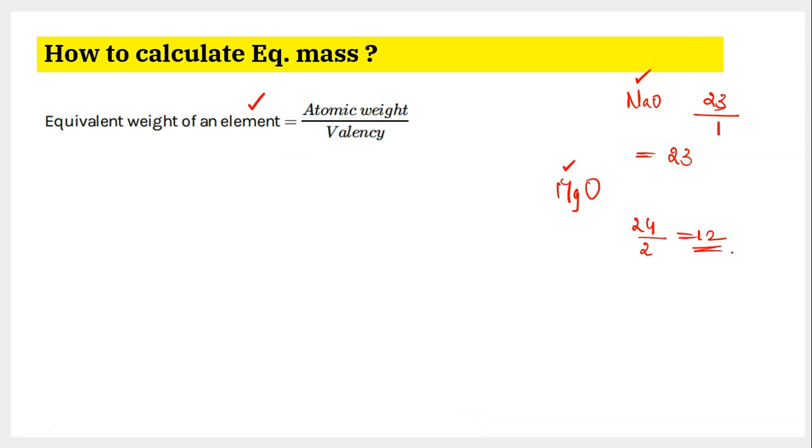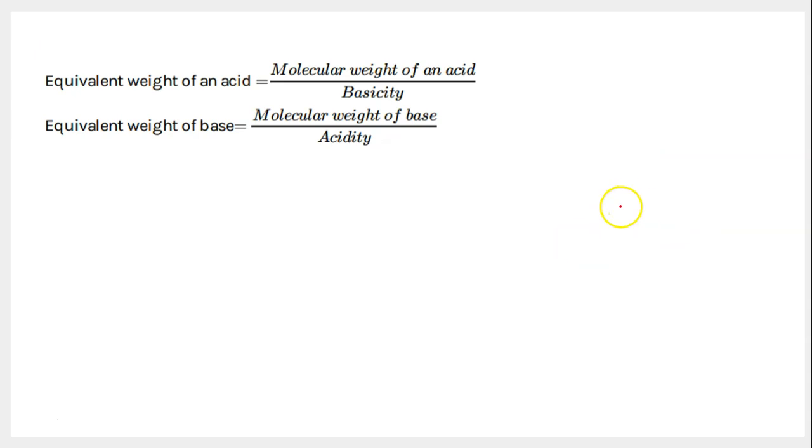Now let's talk about how to calculate gram equivalent mass of an acid and of a base. Say you're talking about calculating gram equivalent mass of HCl, which is an acid. To calculate gram equivalent mass of this whole molecule HCl, use this formula. The formula is molar mass of the acid divided by basicity.